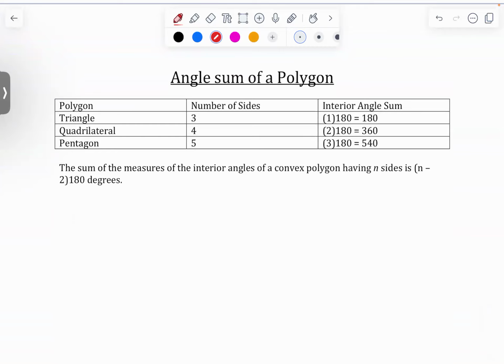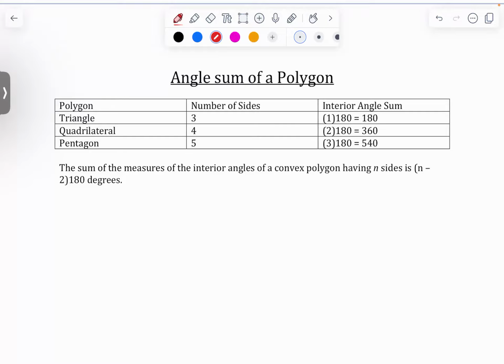A nice equation to help us identify the angle measures for a polygon is (n minus 2) times 180. We already talked about a triangle having 180 degrees. Similarly, we have four-sided figures, five-sided figures, which we can use this equation for. 4 minus 2 becomes 2, which makes 360 degrees. 5 minus 2 becomes 3 times 180, 540 degrees.